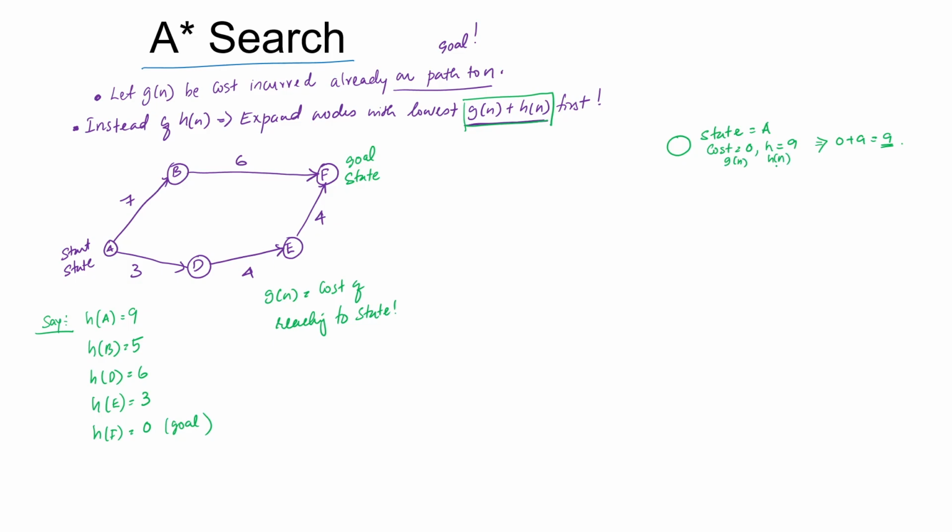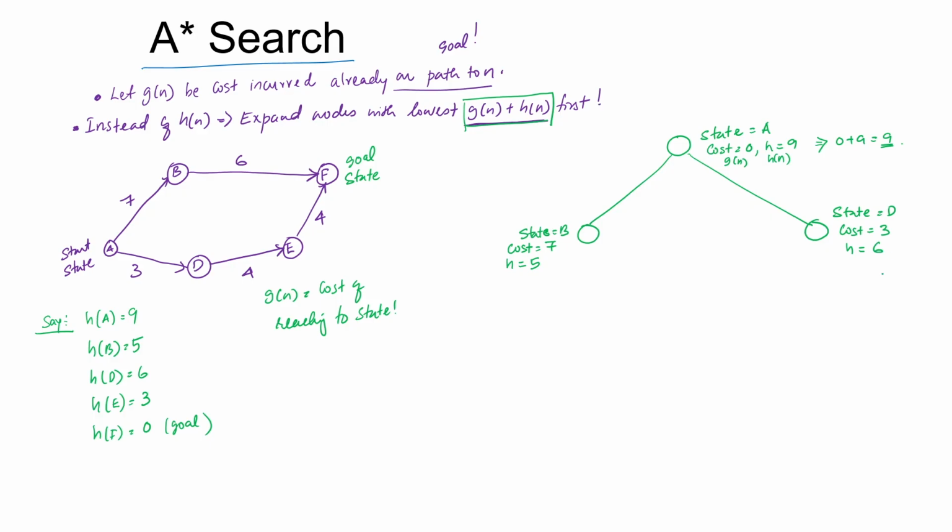Now, we have two branches B and D. So, we do it like this. This is state equal to B, state equal to D, the cost is equal to, from here to B is 7. Here the cost is equal to 3 to D, then H is equal to, in this case H of B is 5, here the H is equal to 6.